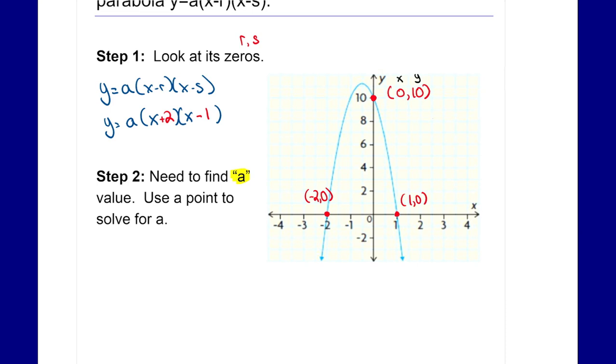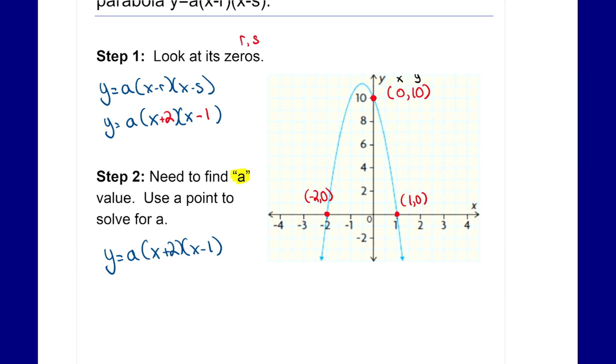Because if I look at my general equation so far, y is equal to a times x plus 2 times x minus 1, I'm missing a, but I can't solve for a because I'm also missing an x and a y. So because I'm missing an x and a y, I need to find a value for those two variables to plug in, and then I can solve for a. And those two values come from a point on the graph.